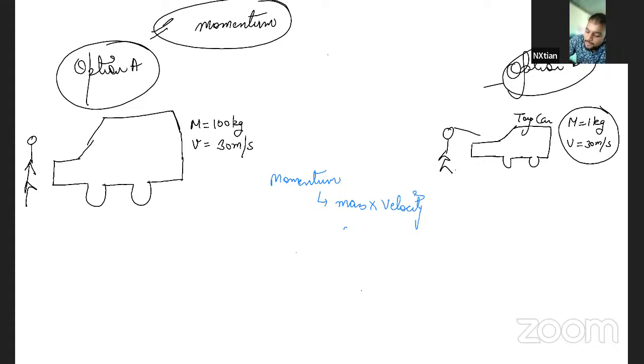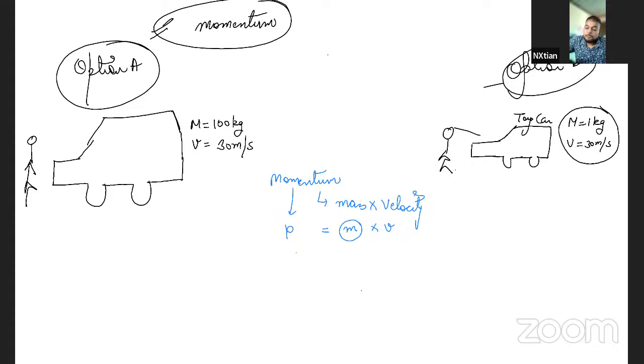Mass is denoted by m, velocity is denoted by v, and when you multiply them, you get p, which is momentum. So momentum is not only mass, not only velocity, but the product of mass and velocity.